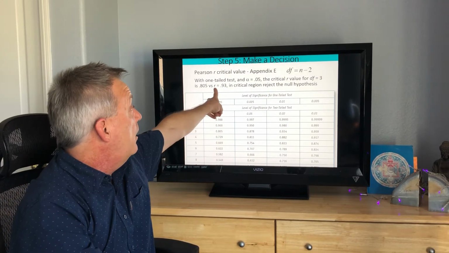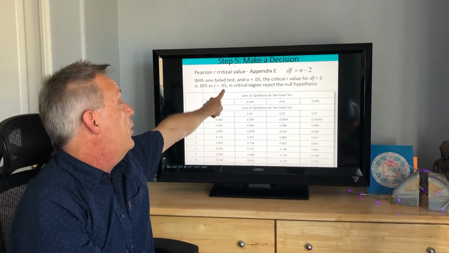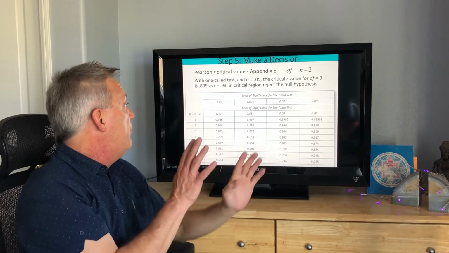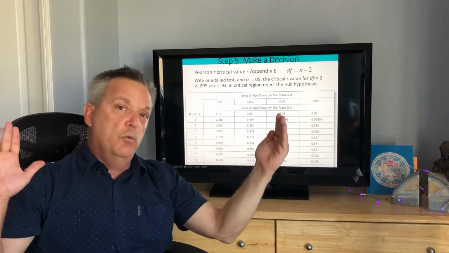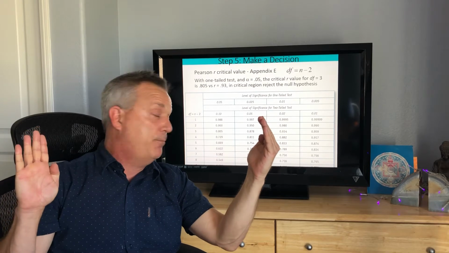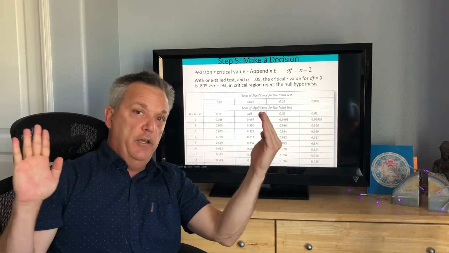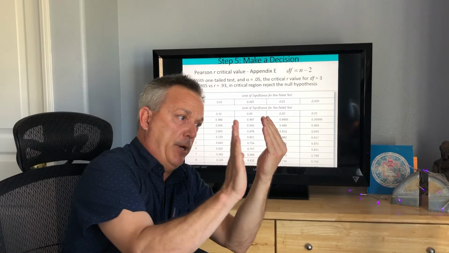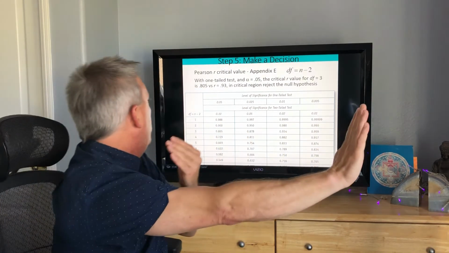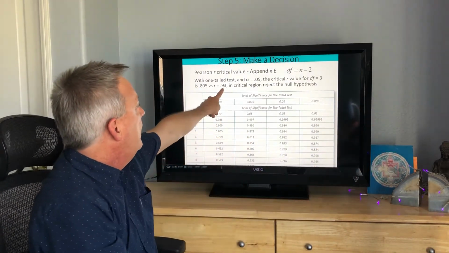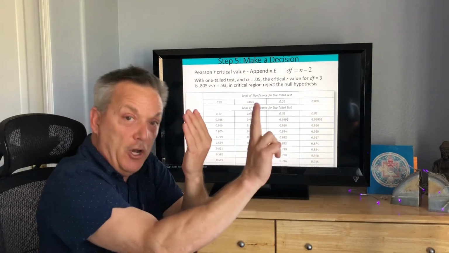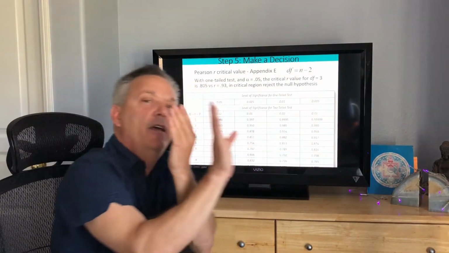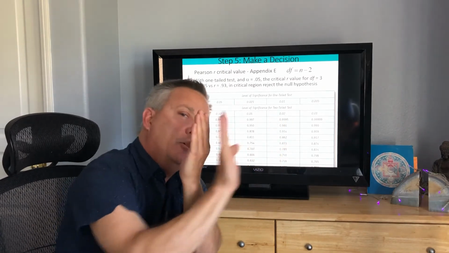And remember, our Pearson R value was 0.93. And remember we need to get past 0.805, right? Here we go, on our way to 1. And then we passed 0.805, and we got to 0.93, which is almost near 1, right? And so that's definitely in the critical region.